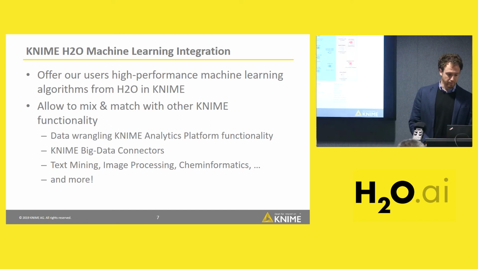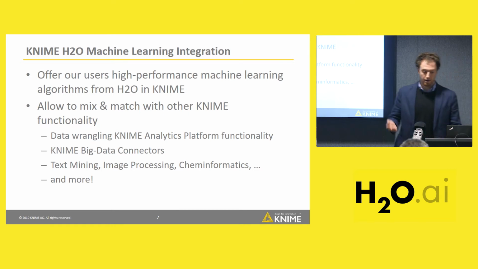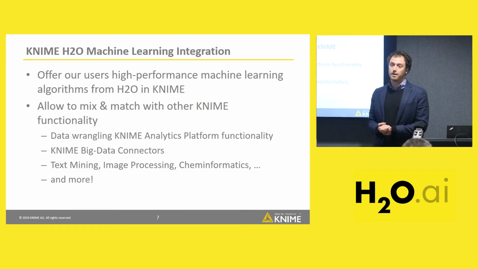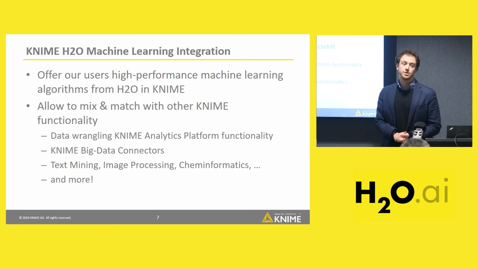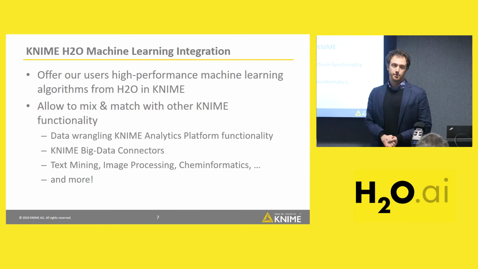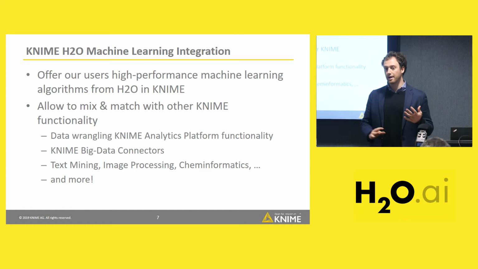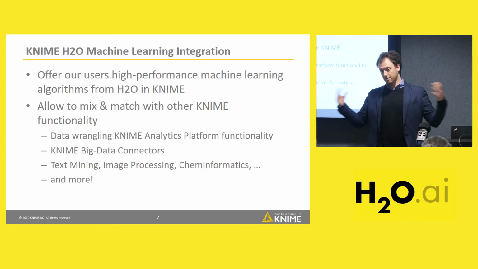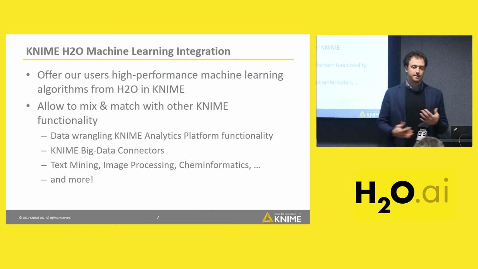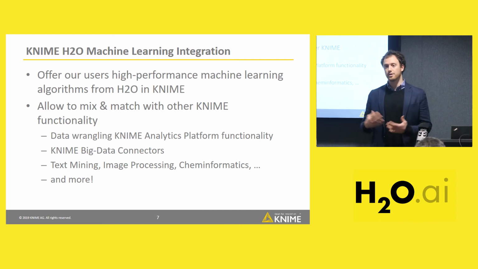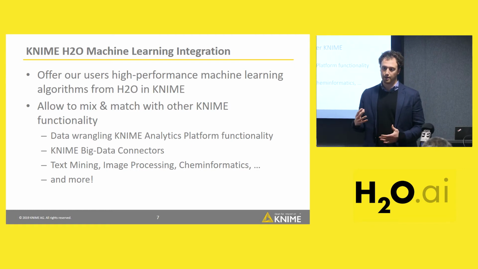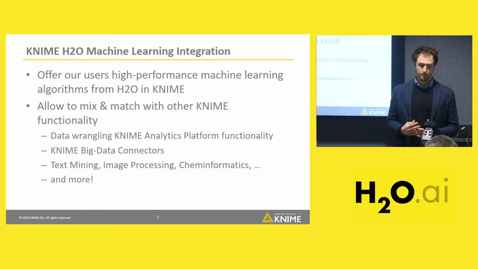So those, for example, are data wrangling, right? You have some data on a spreadsheet, some data on a SQL database, or some other on Hive, right? You have lots of data in different places, and you want to put them together, and that's maybe easier in KNIME, especially if you want to have all this visual layout of what's actually happening in this huge data pipeline, right?